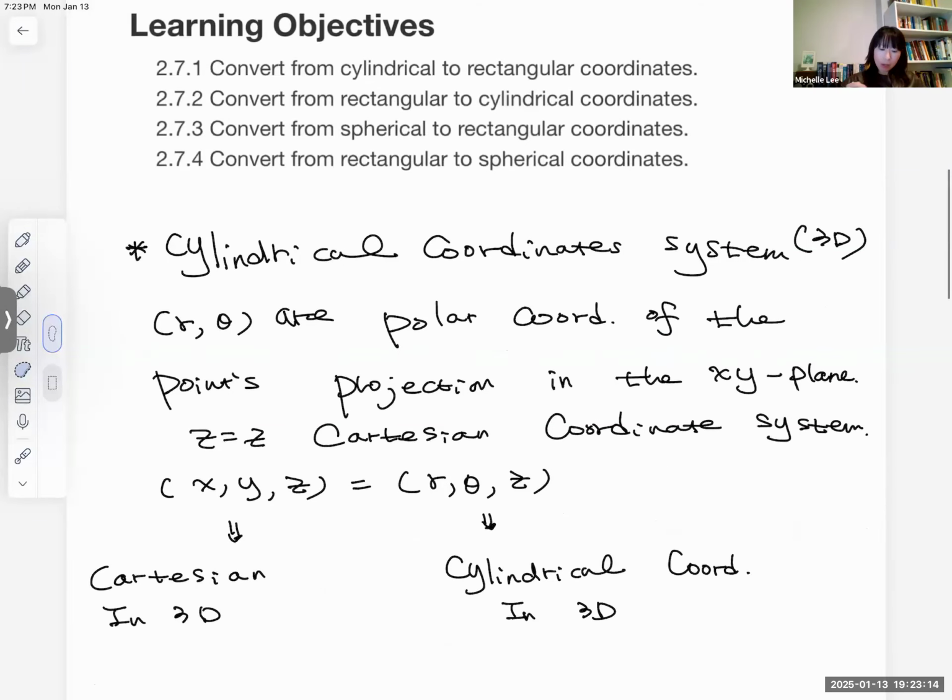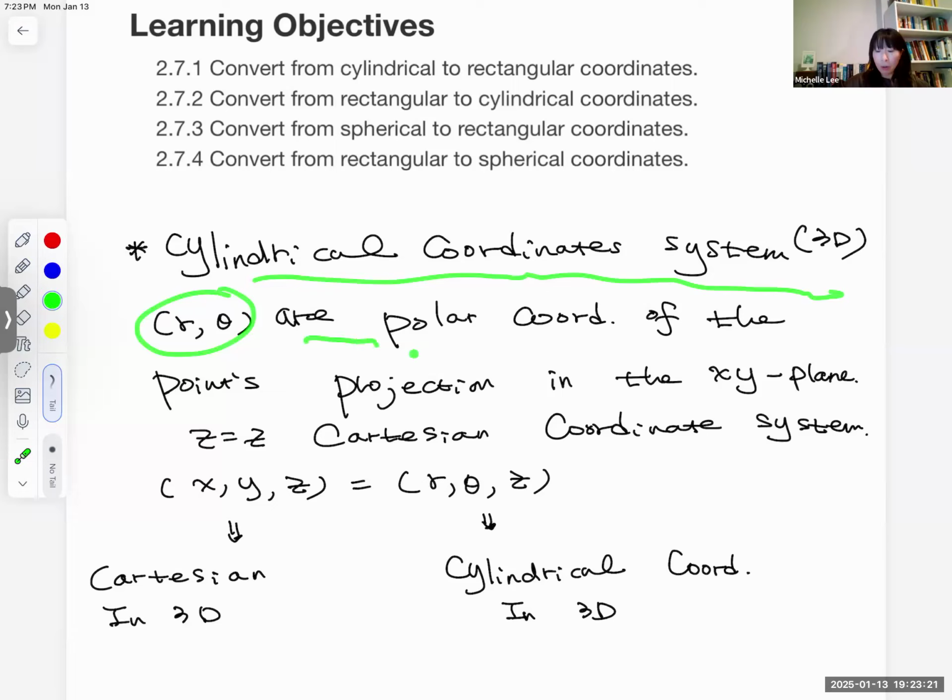So let me read this one. Cylindrical coordinate system in 3 dimensions: r, theta, or polar coordinate of the point's projection in the xy plane, and z equal to z from the Cartesian coordinate system.